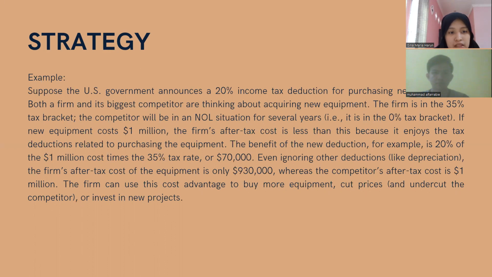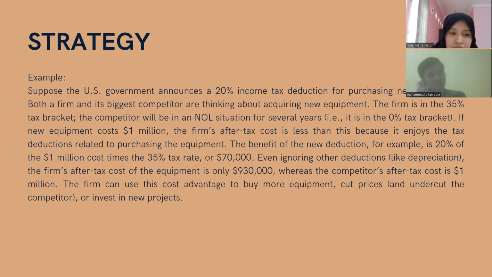The firm and its biggest competitor are both thinking of acquiring new equipment. The firm is in the 35% tax bracket. The competitor will be in an NOL situation for several years, so it is in the 0% tax bracket.